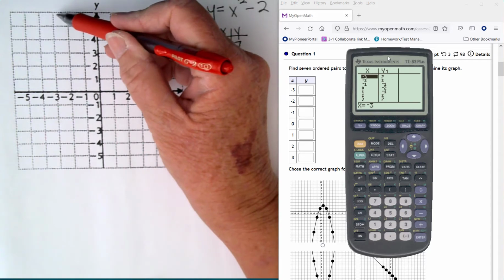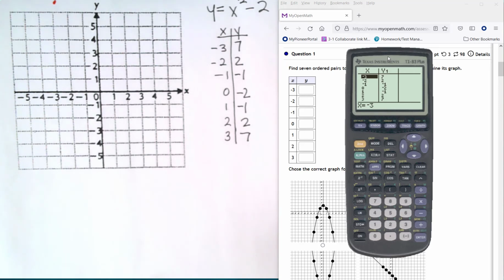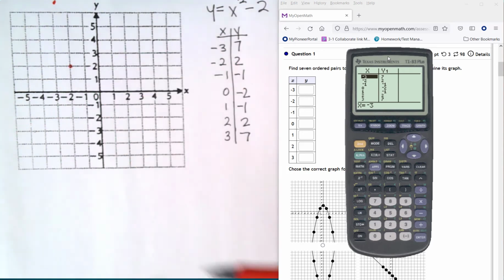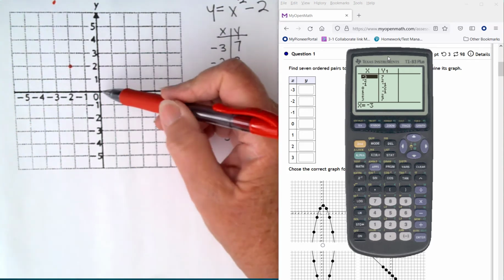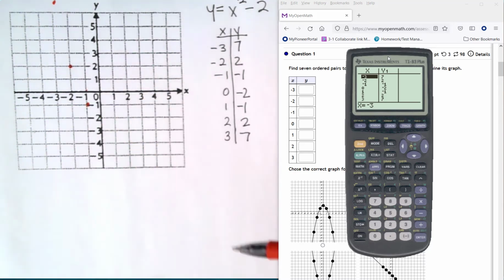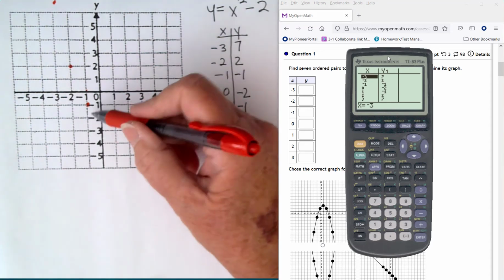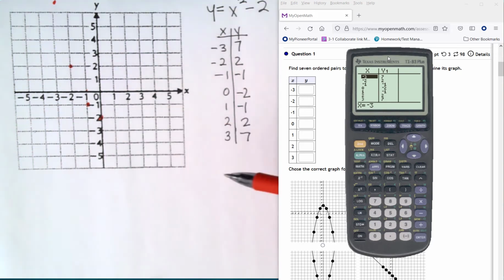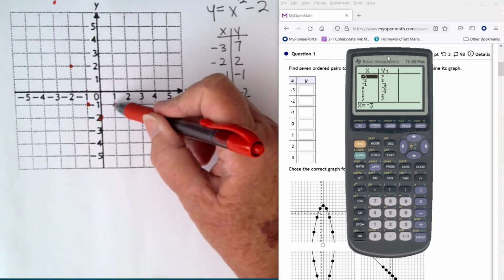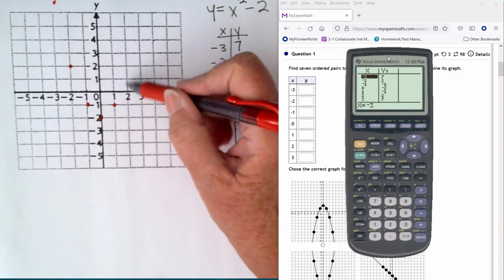This is 6, so you're going a little bit off your grid. -2, 2, so -2, 2. -1, -1, so to the left 1, down 1. 0, -2, so don't go over but go down 2. 1, -1, over 1, down 1. 2, 2, over 2, up 2.